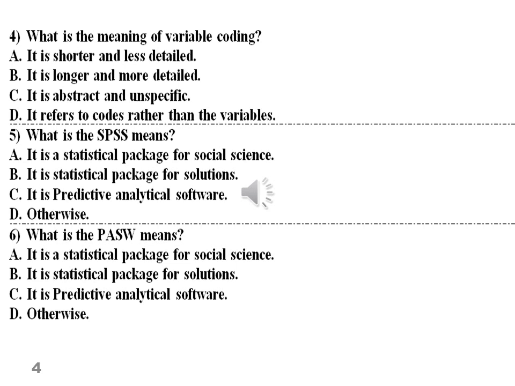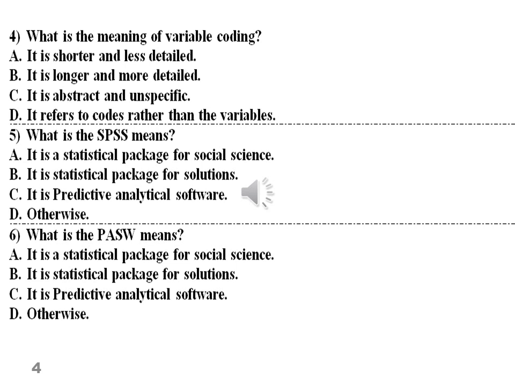Number 5, what does SPSS mean? This is the abbreviation of what? SPSS. It is a statistical package for social science, or a statistical package for solutions, or predictive analytical software. Obviously it is the statistical package for social science.